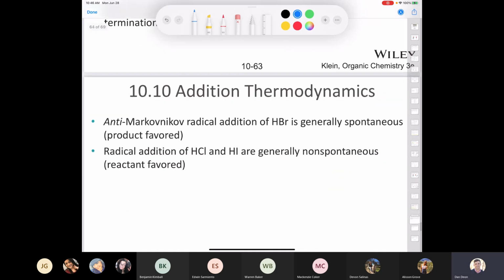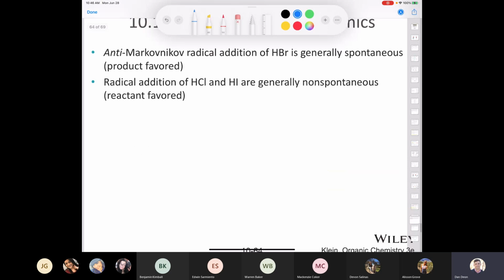If you look at the change in Gibbs free energy for those 2 steps, so the first step is the radical addition. So put in radical addition. The second step is the hydrogen abstraction. So we'll put here hydrogen abstraction.